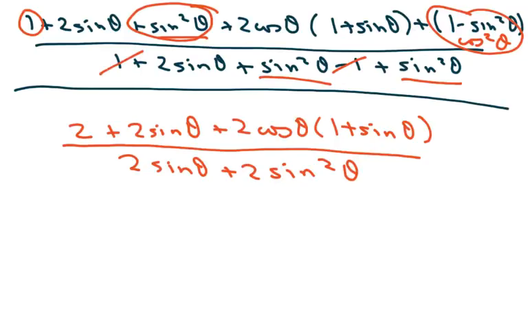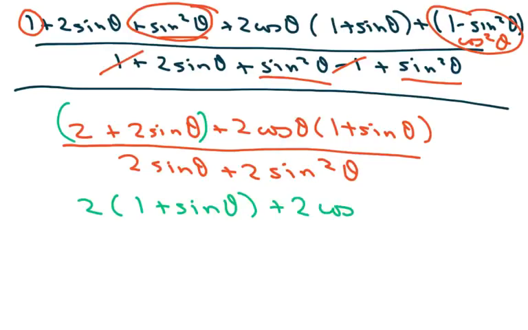Alright, now I'm going to go ahead and simplify this part right here by factoring out a 2. So you get 2 times 1 plus sine of theta plus 2 cosine.